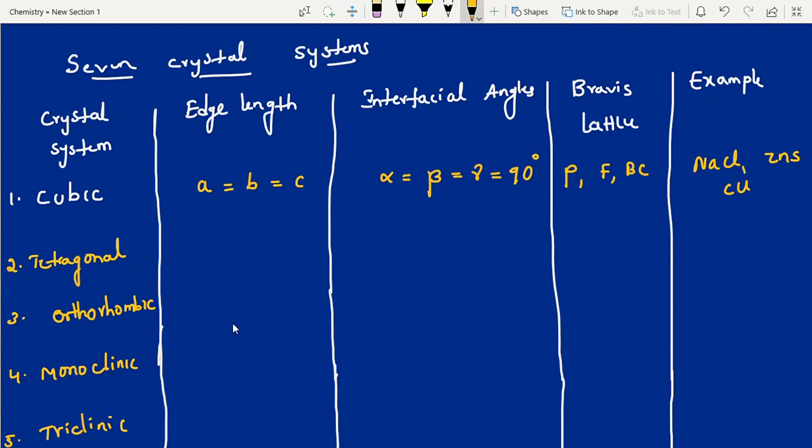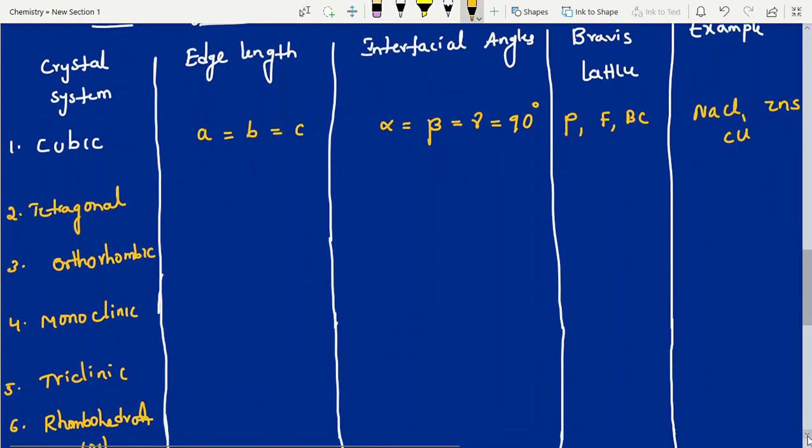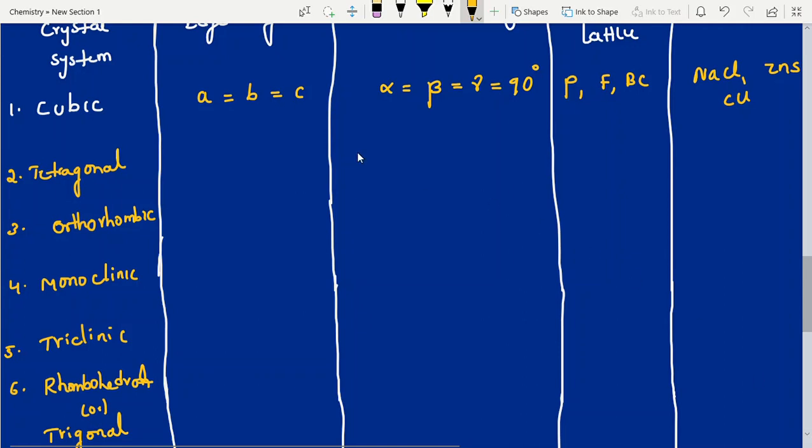Before going to tetragonal, let me give another point, students. See, this is the easy way we are working through this table. Next, the more disordered system, which we see in examination. Where A equal to B equal to C and alpha, beta, gamma are 90 degrees, what type of crystal? It is cubic. Next, more disordered means triclinic.